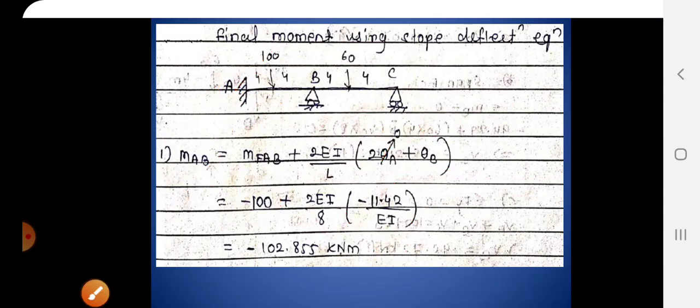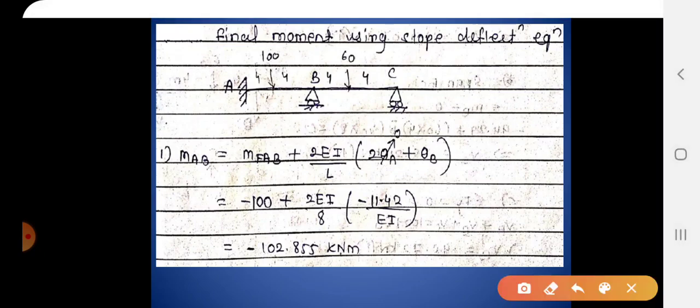Okay. Now on similar lines, yes, you can see MBA in this diagram. For MBA, B is the near support, A is the other support, and A is fixed. So again the standard, normal slope deflection equation.